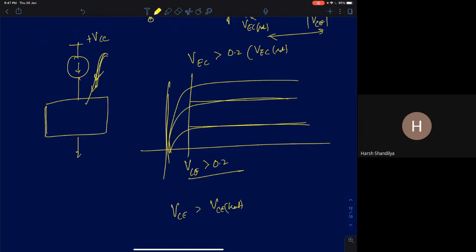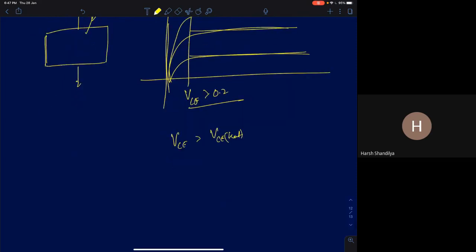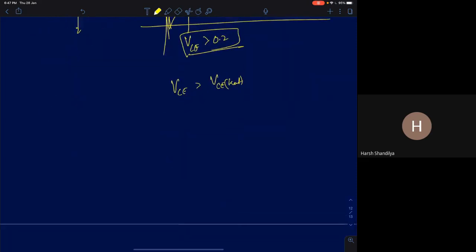See, let me answer that. What is VCE in an actual BJT? VCE can be written as VCB, the collector base junction. So this is an NPN transistor, minus VB. Am I right here?